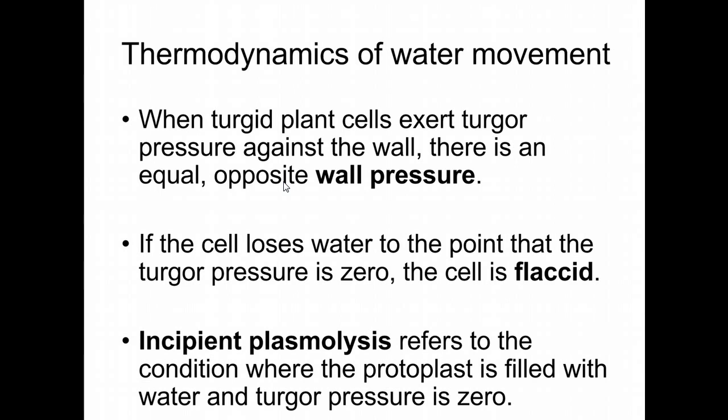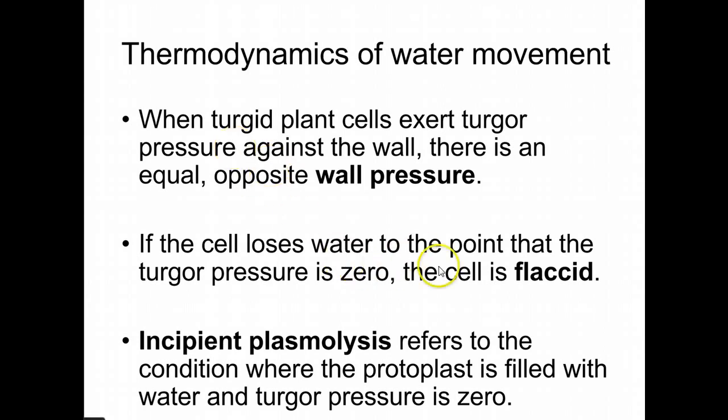So if I put my hand against the wall, you guys know from physics that as I press against the wall, the wall's pressing against me, right? It's producing a pressure. So when that protoplast expands out, when you fill the balloon up with water and it fills up the wooden box, it produces a pressure.